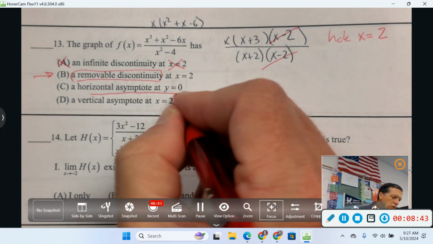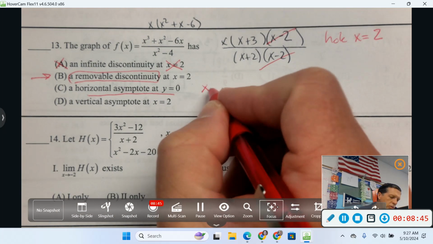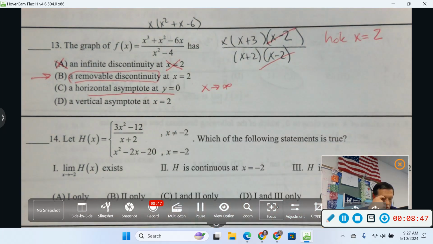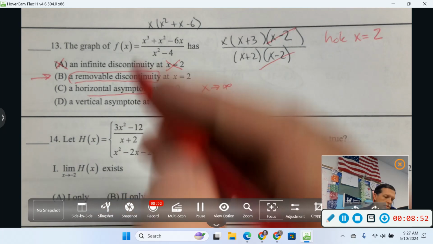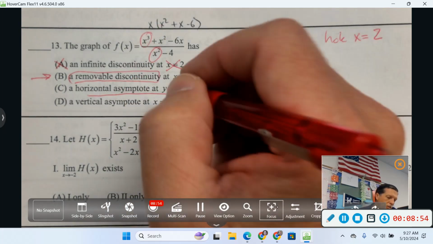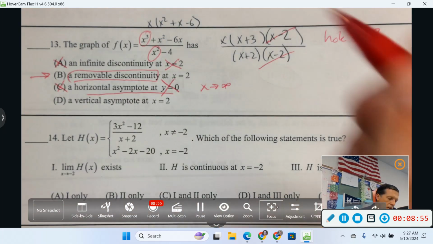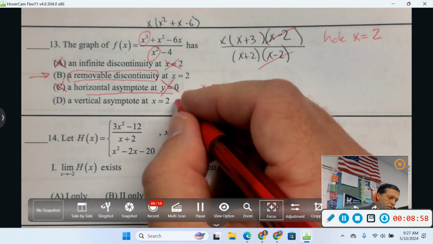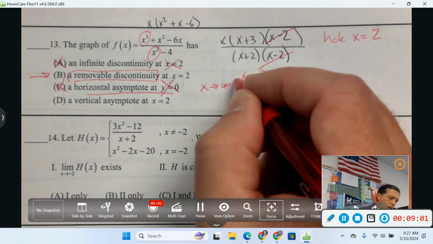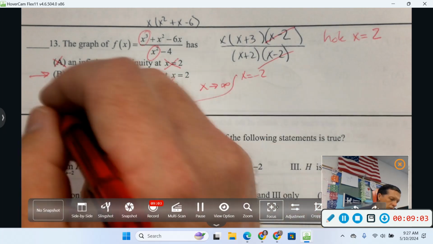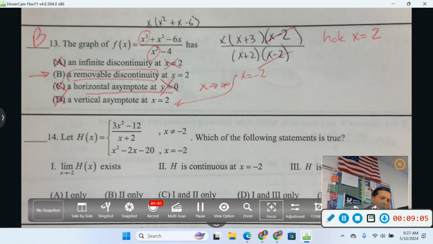Horizontal asymptote, I just said a minute ago, that's where x goes to infinity. So this is going to be a top no problem. When x goes to infinity, this thing just blows up, so that's out. And a vertical asymptote at negative 2. So, not 2. That was out. So it is B. Hole and removable discontinuity means the same thing.